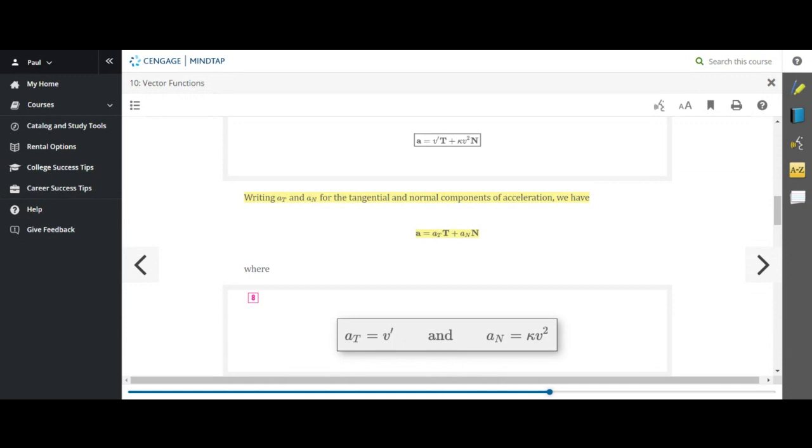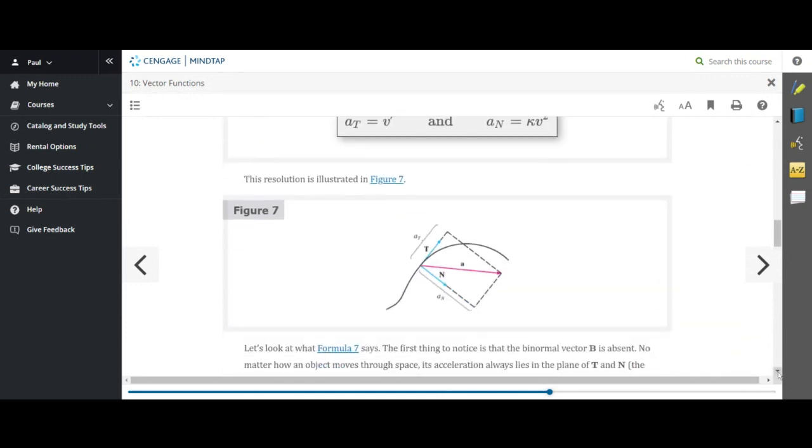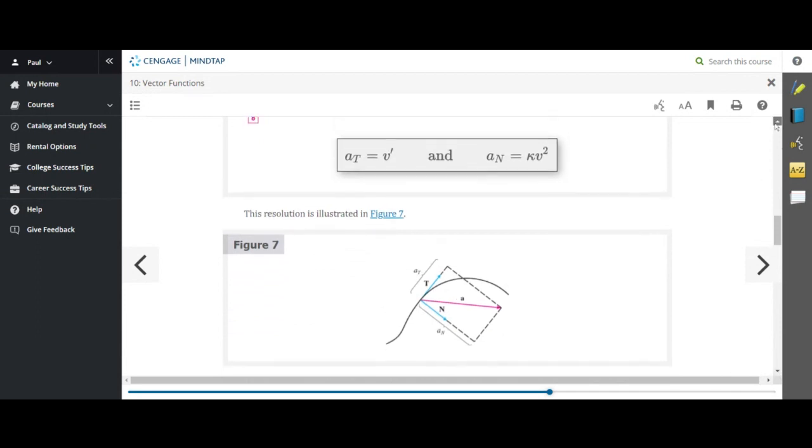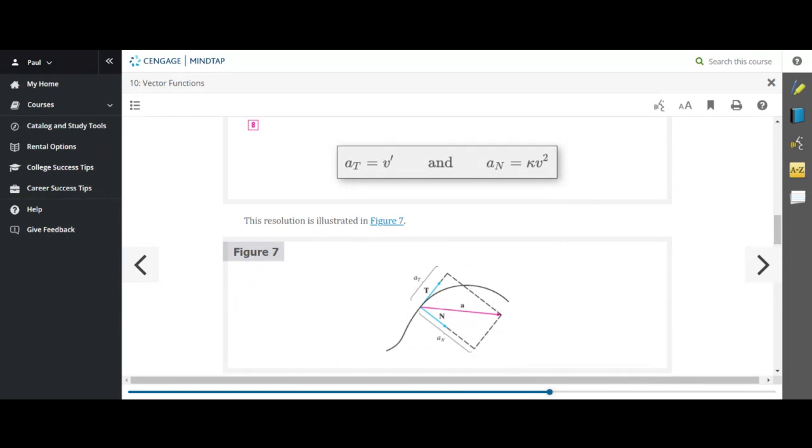And if we go down here to the picture, there's the acceleration vector, which is a linear combination of the unit tangent and unit normal vectors.